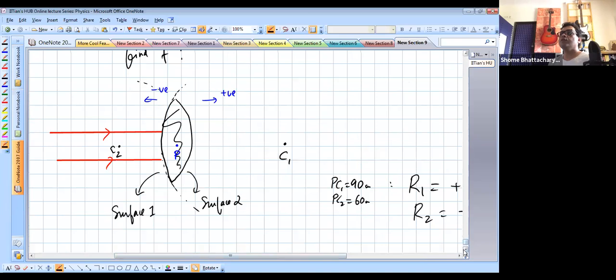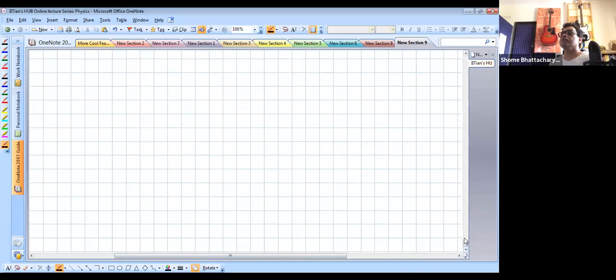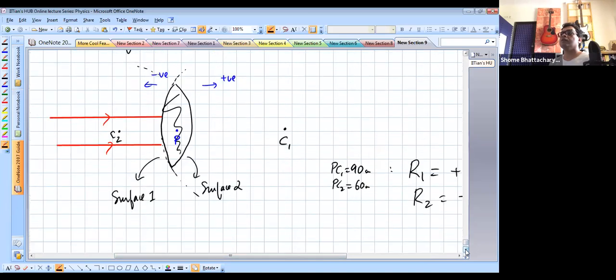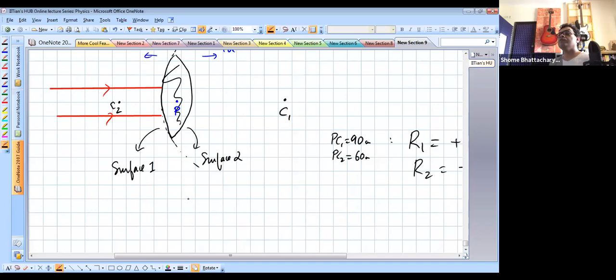Now the focal length: 1 by F is equal to the refractive index of glass with respect to air minus 1, into 1 by R1 minus 1 by R2.